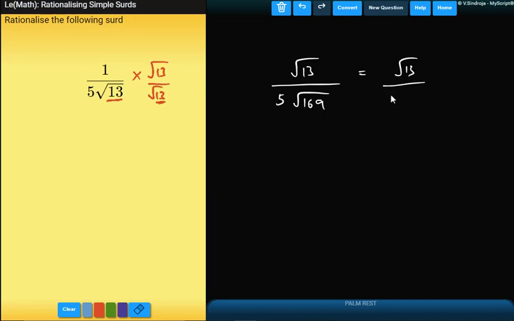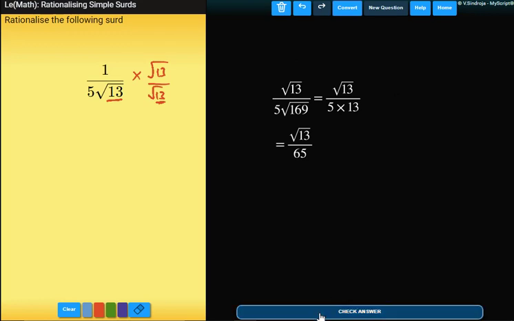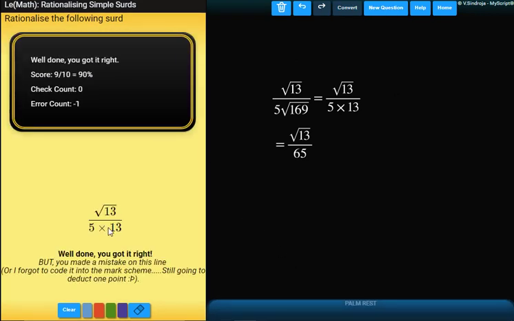So 5 times 13 is 65, so root 13 over 65 is the answer.